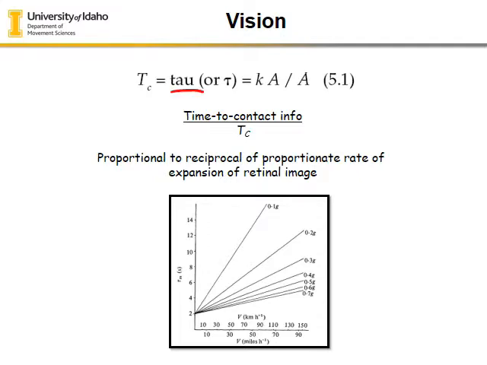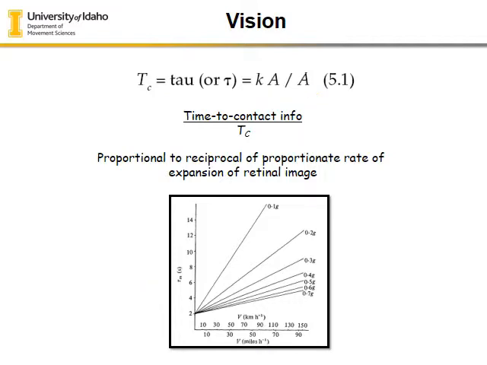Whereas if it were receding, those angles would decrease, because the ball would be going in this direction. So make sure you understand how we utilize these angles to give us information about the temporal component of time to contact, by understanding whether the angles are increasing or decreasing. That tells us whether the ball is coming closer or going further away from us.